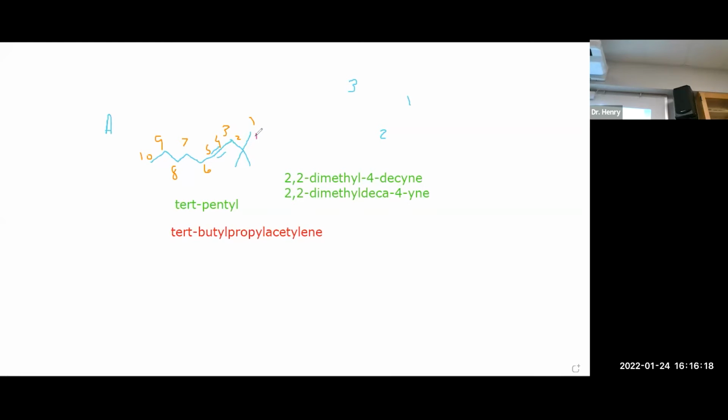It's 1, 2, 3, 4 carbons here, and then the center carbon is our 5th carbon. Okay. And then over here, that's 1, 2, 3, 4, 5. This guy.